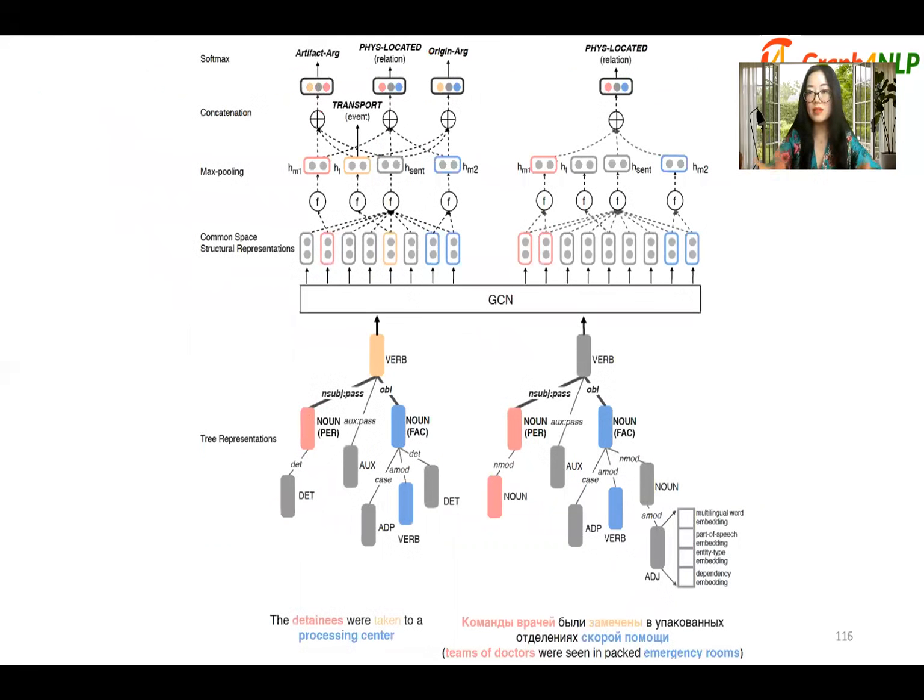So putting this together, we simply merge the English training data and the Russian sentences in the test phase into a GCN, and then we train the model from the English training data, because on the English side we do have manual annotation, and then apply that model to the Russian sentence.